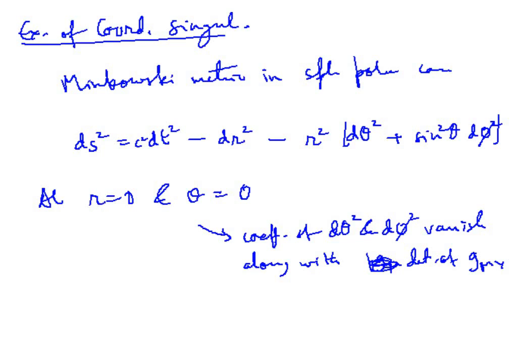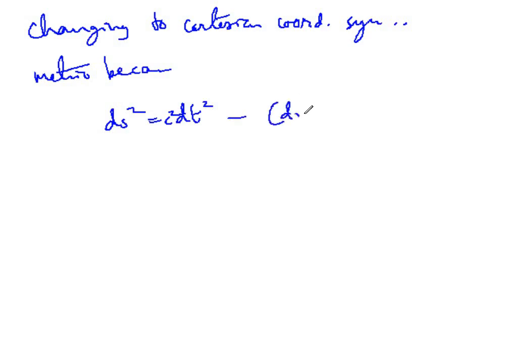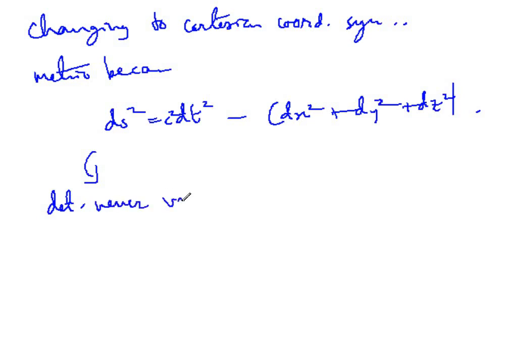You see this metric, then in this case the same metric becomes ds square is equal to dt square minus dz square, right? Now here you see the determinant never vanishes.